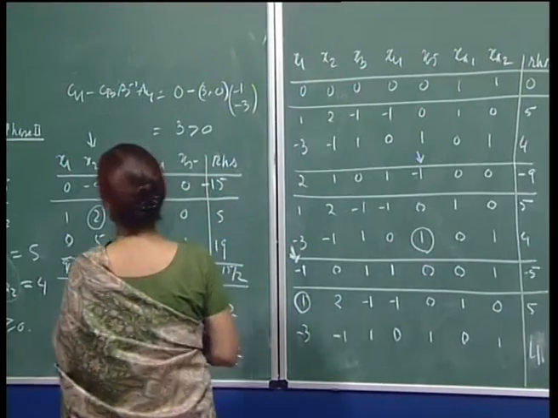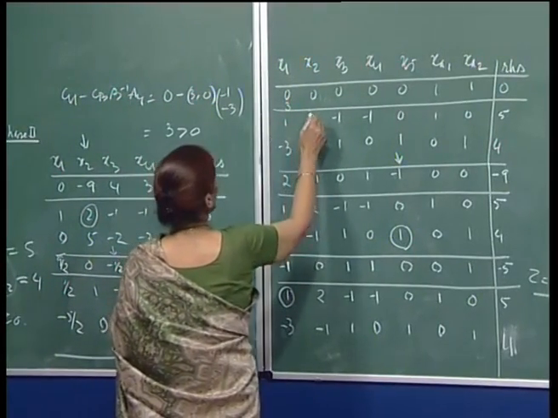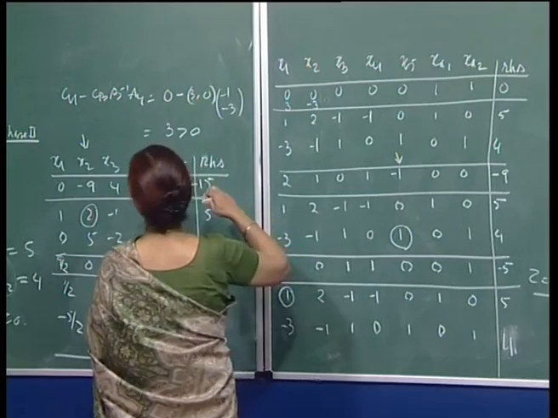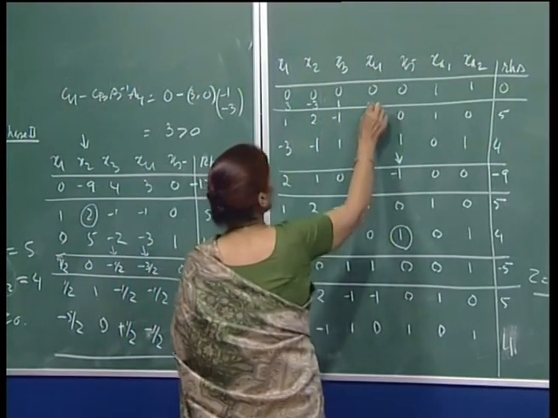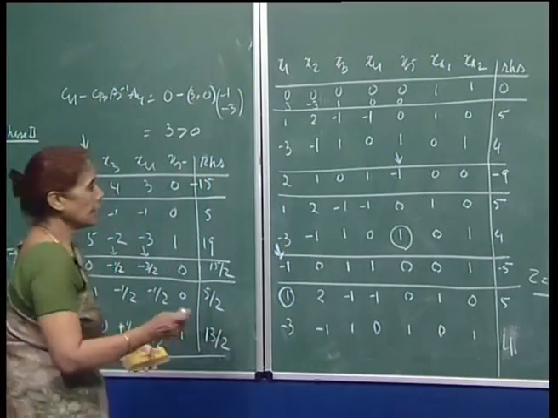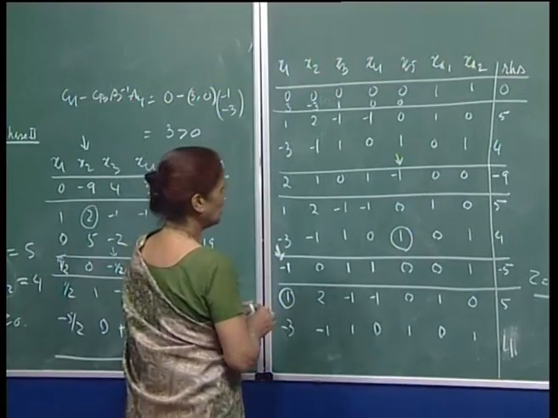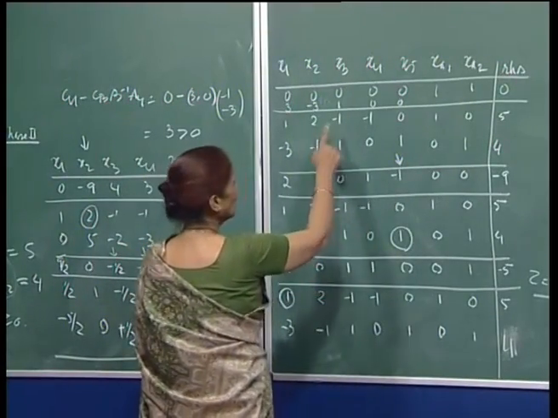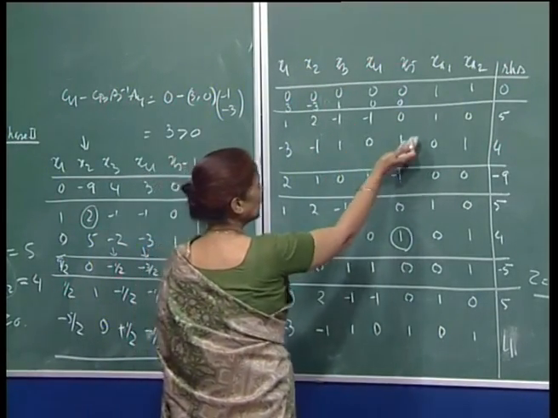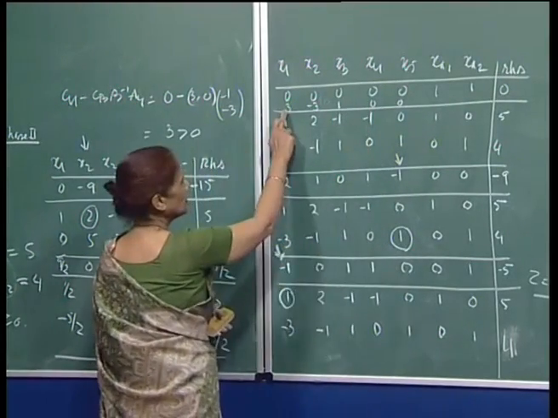If I carried my objective function, so this will be 3, minus 3 and 1, this is 0, 0. If I did the same operations, so here, what we did was add the last 2 rows and subtract from this. So let us do it for this also.